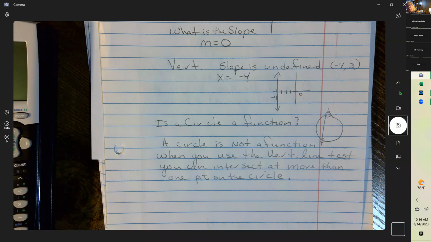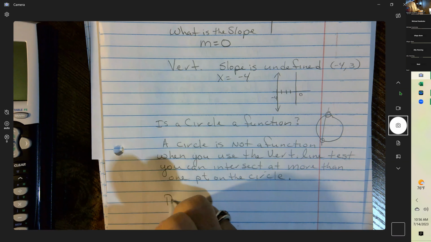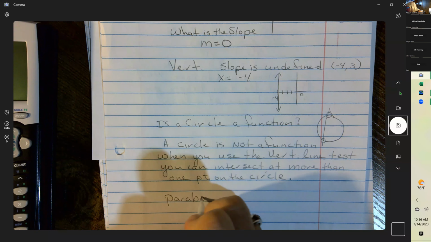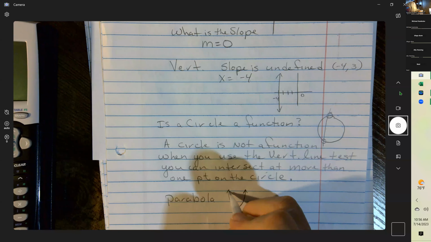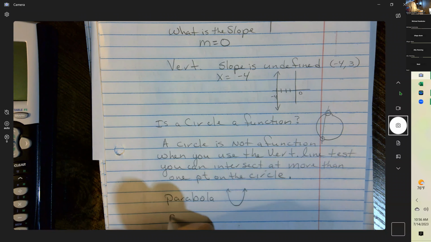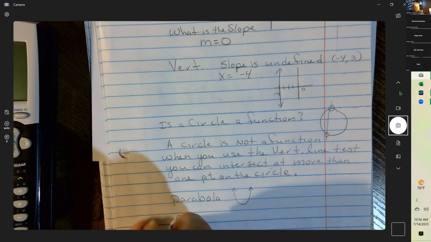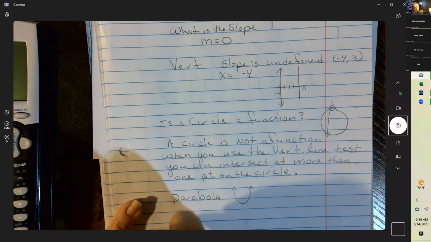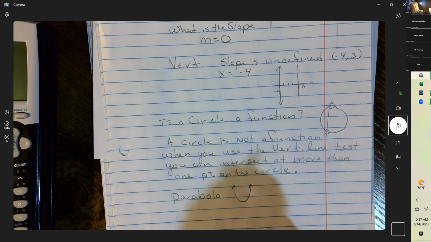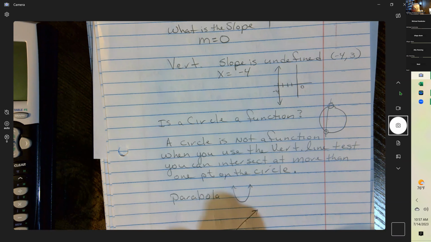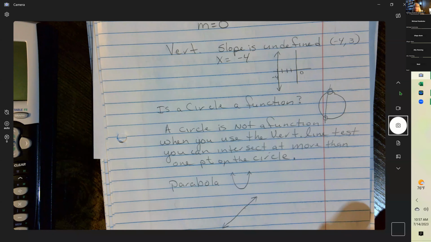Does everyone know what a parabola looks like? We haven't really gone over, we go over cubic and power functions later. You should know them. Or I might have a graph and ask you.